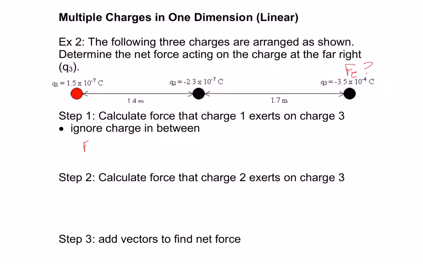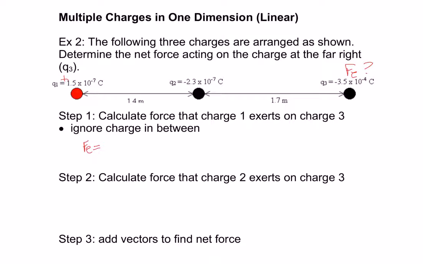So for step 1, we need to figure out the force between two of them. Let's do charge 1 and charge 3. You can see charge 1, I've colored it red to show that it's positive, 1.5, where the other ones are negative. Sometimes colors will help you separate them, or just be careful about the positive and negative.